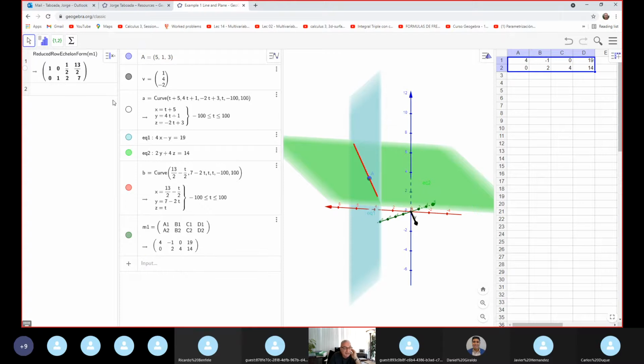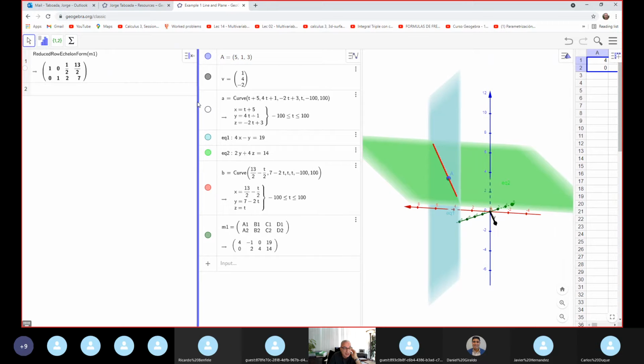Now I go to CAS. CAS is fantastic because CAS allows us to perform complicated operations with algebra. So now I'm using this function, look, reduced row echelon form. I suppose you remember, the teacher explained this. You type, if you don't know, you type reduce, and look at that, reduced row echelon form.